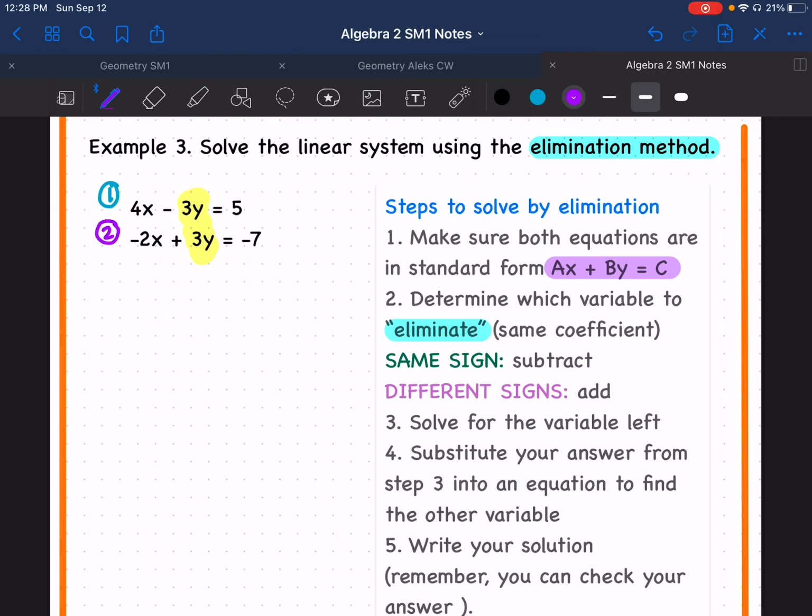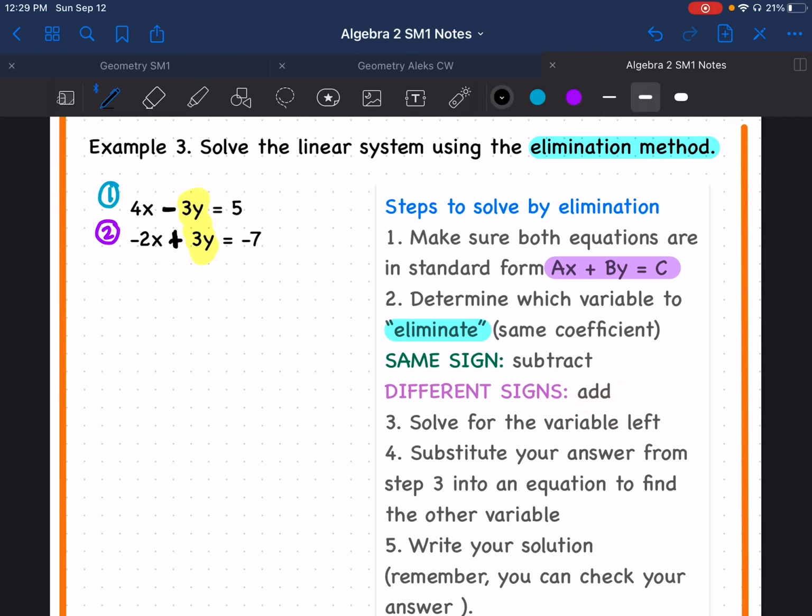If the signs in front of those highlighted 3y's are the same, then I'm going to subtract. If they are different signs, then I'm going to add. Well, one is a minus and one is a plus. These are different signs, so we're going to add together our two equations.